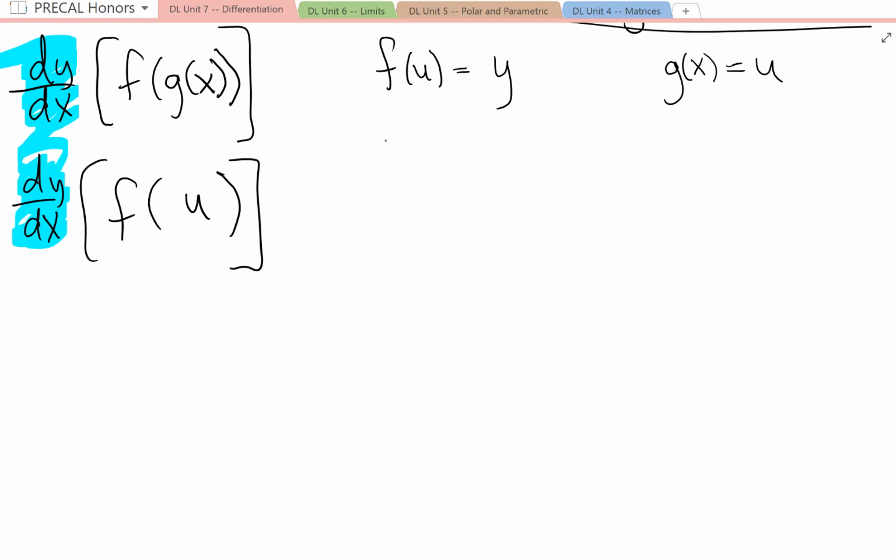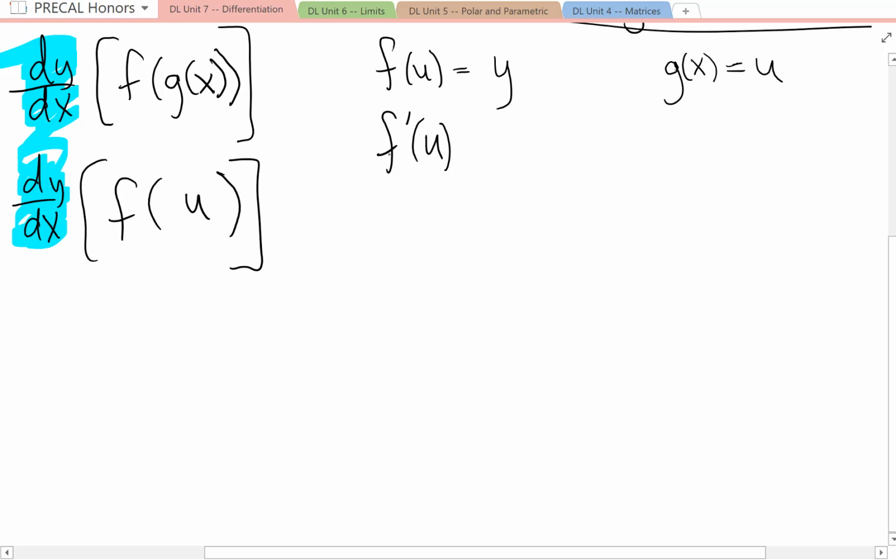So f is a function of u. So f prime of u would be the derivative of y with respect to its input. What is the input of this function? That is u.